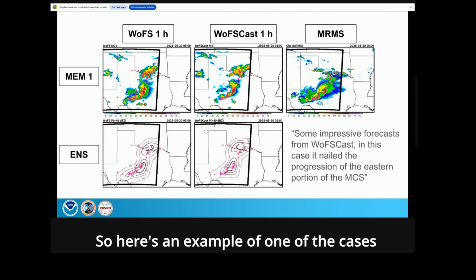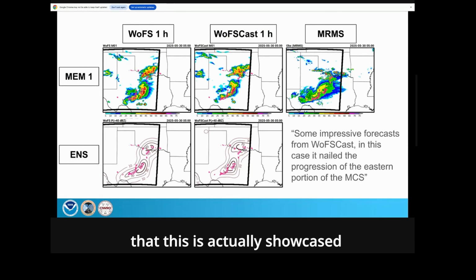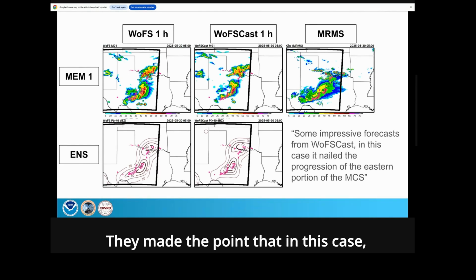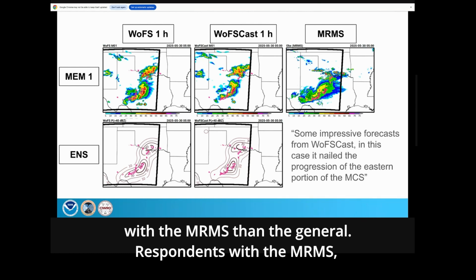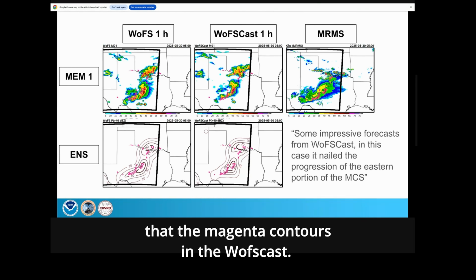So here's an example of one of the cases. This was actually showcased by one of the SFE facilitators. They made the point that in this case, the WoFSCast actually did a better job in some sense than the WoFS. If you see the southern 70% contours, there's a little bit better correspondence with the MRMS, the magenta contours, in the WoFSCast.